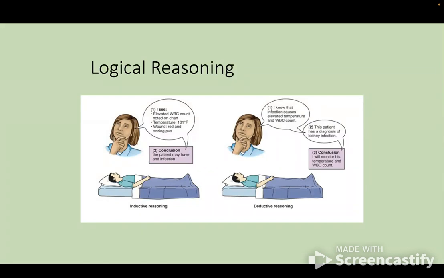She's going to monitor the temperature and the white blood cell count. In a way, we want to think about this as far as your critical thinking goes. When you're taking care of patients, if you're looking at what their diagnosis is and what you know is going on for them, you're going to take that to the specific level and see what you're going to monitor in your assessment.